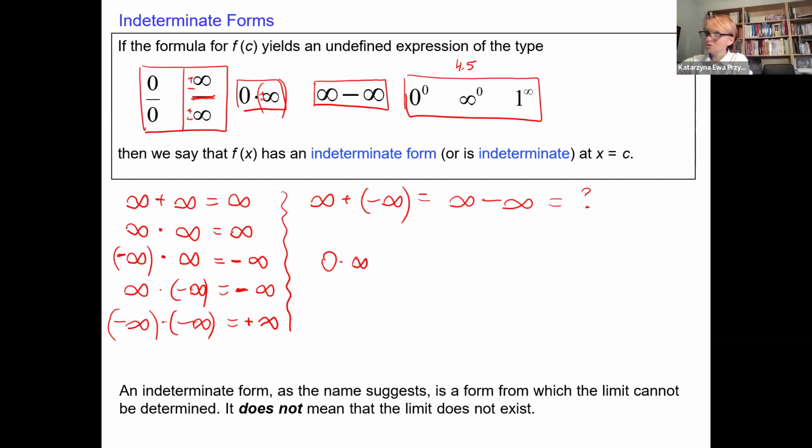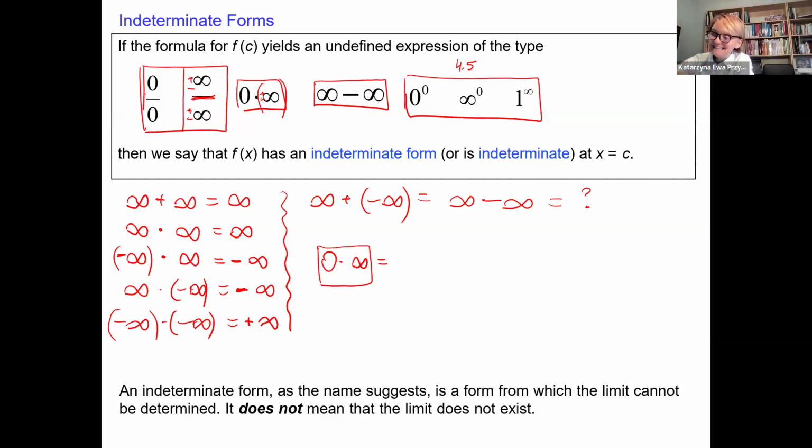Zero times infinity is also indeterminate, because we will learn this later, but maybe I can show you one thing. Before doing anything, that form must be rewritten in terms of the quotient. Because looking at the product, we don't know exactly how to deal with it.